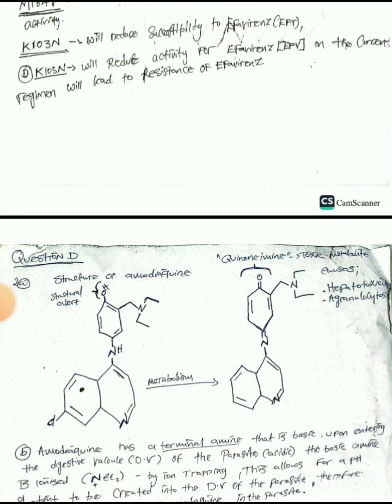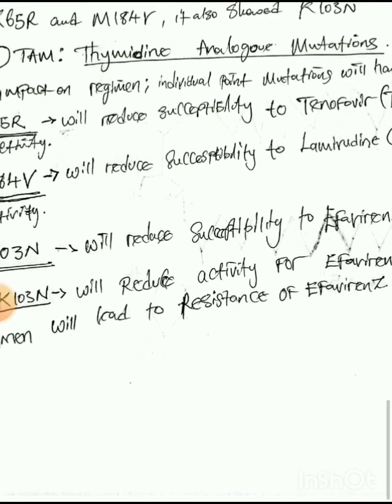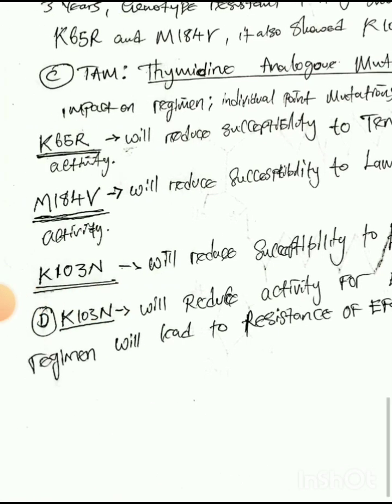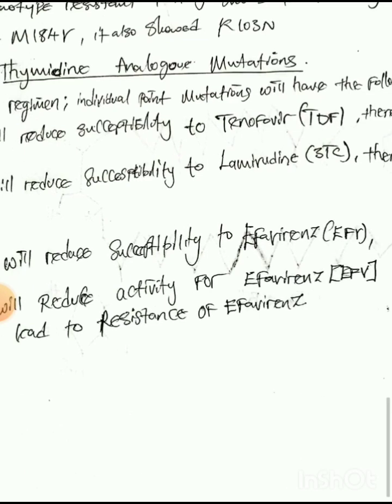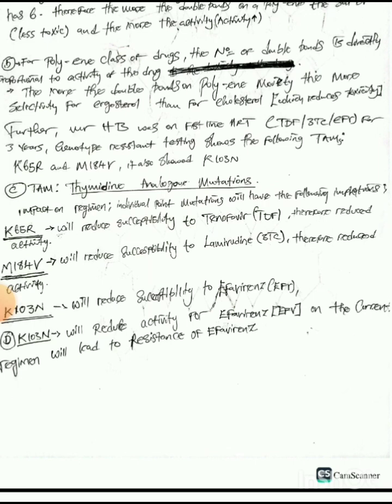Further, D asks us to write about the implication that K103N has on the ART regimen of Mr. HB. So for K103N, this will mean a reduced activity of efavirenz.